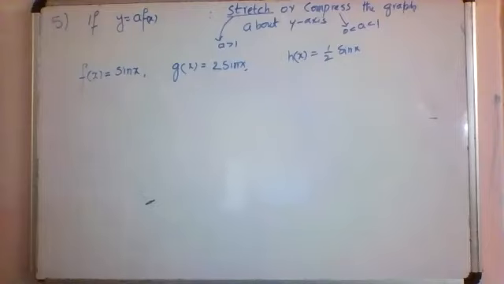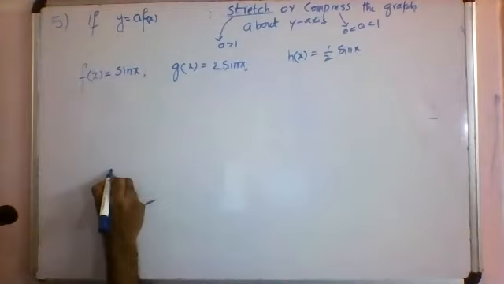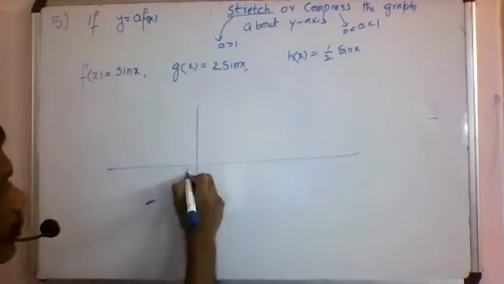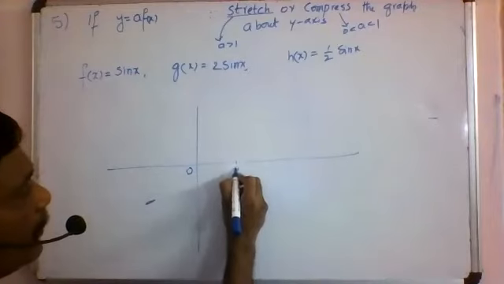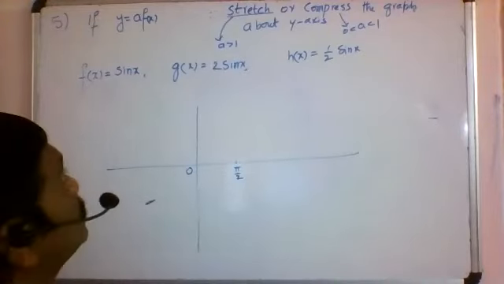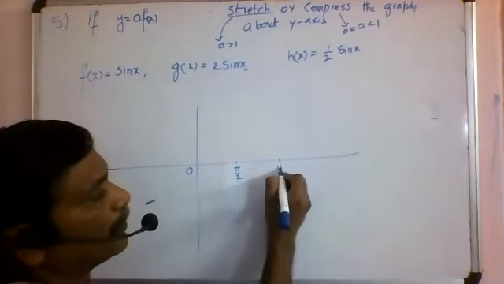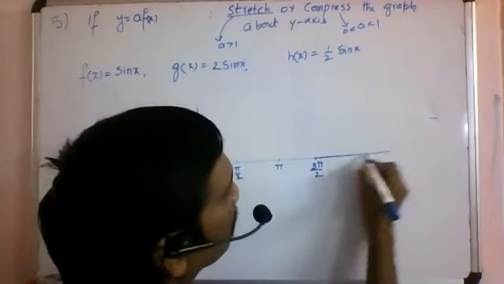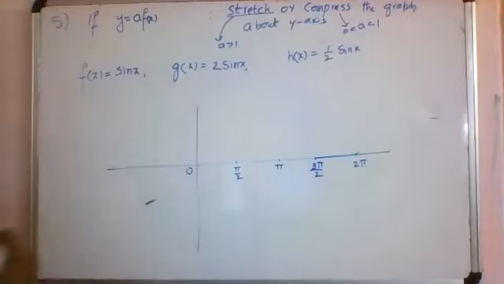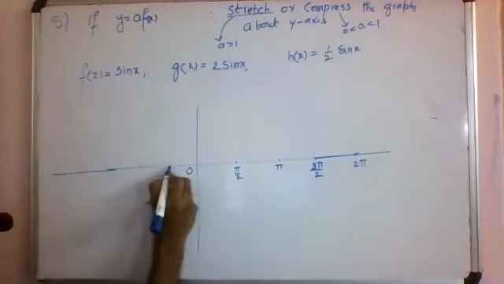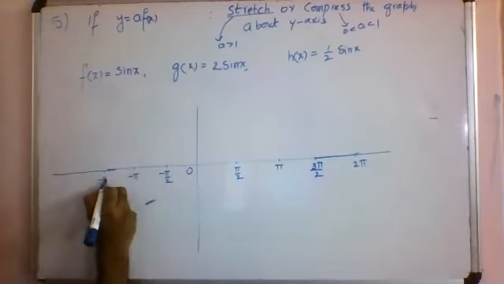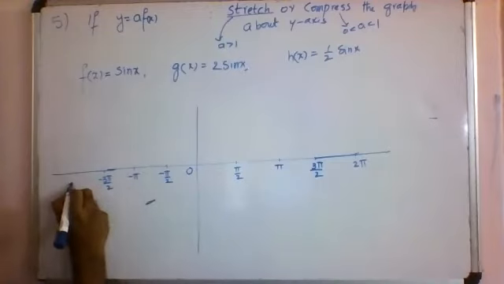Now look here. I take only a single graph. Listen carefully. Let this be the x-axis, 0. Here I take pi by 2. You know the important points on the x-axis to draw the graph of sin x: 0, pi by 2, pi, 3 pi by 2, 2 pi. The same graph appears on this side also, so I take minus pi by 2, minus pi, minus 3 pi by 2, minus 2 pi.